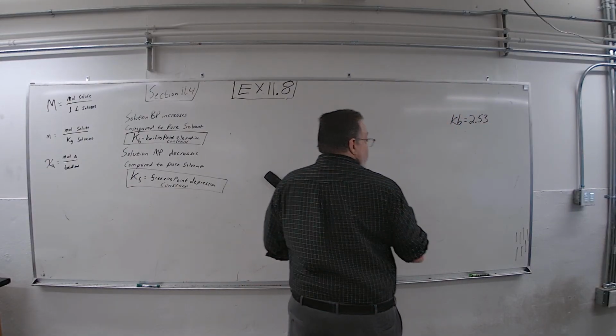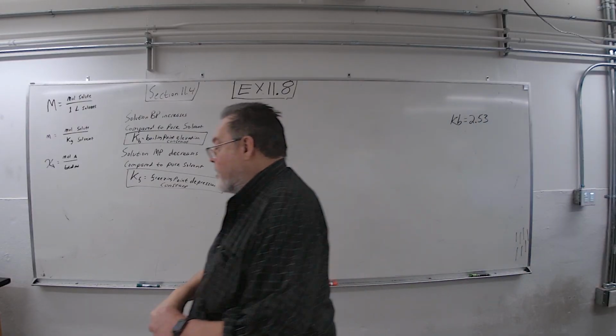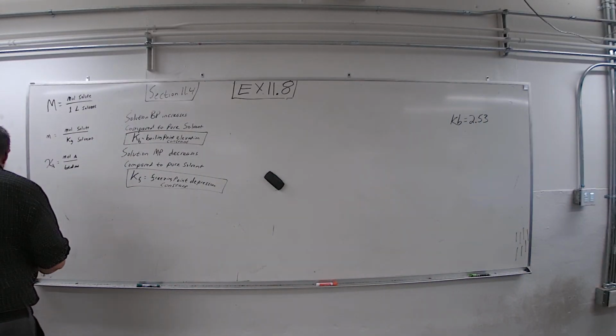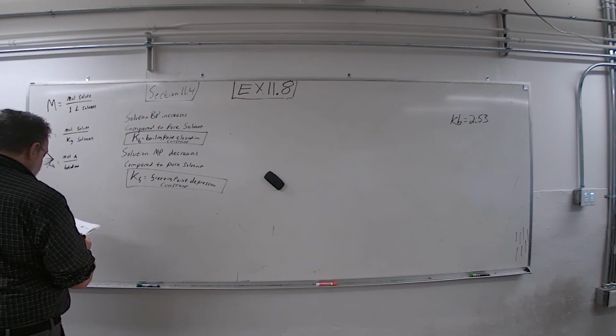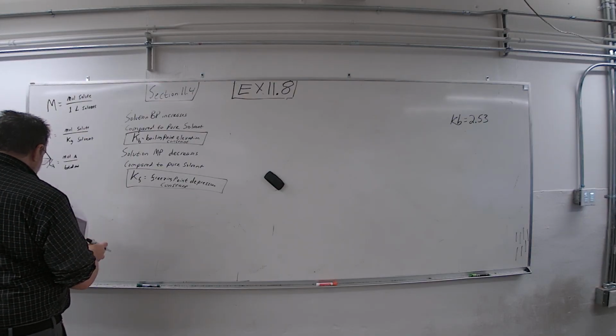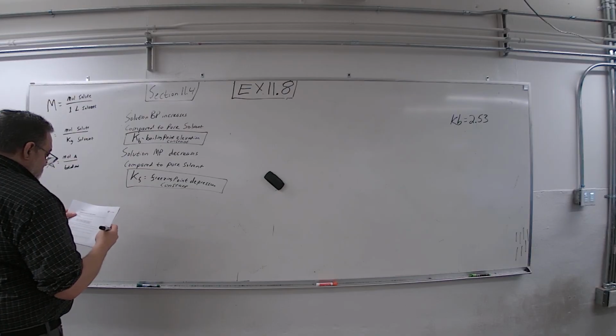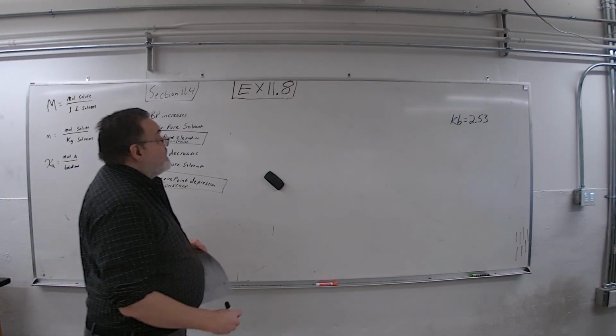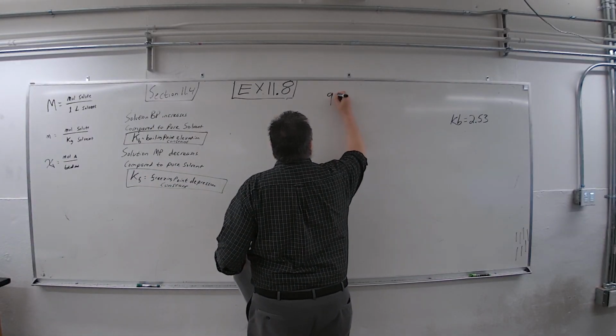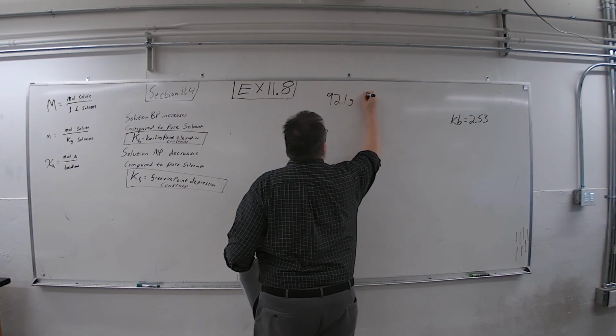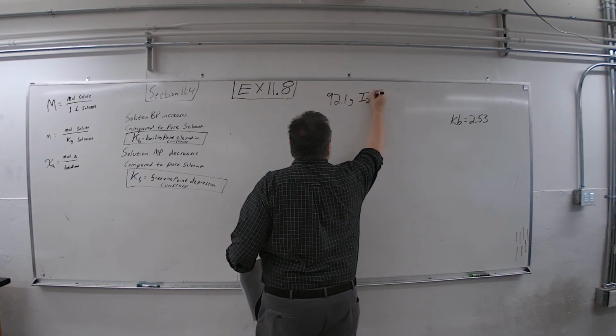All right, so the information you're given: 92.1 grams of iodine. That's I2.